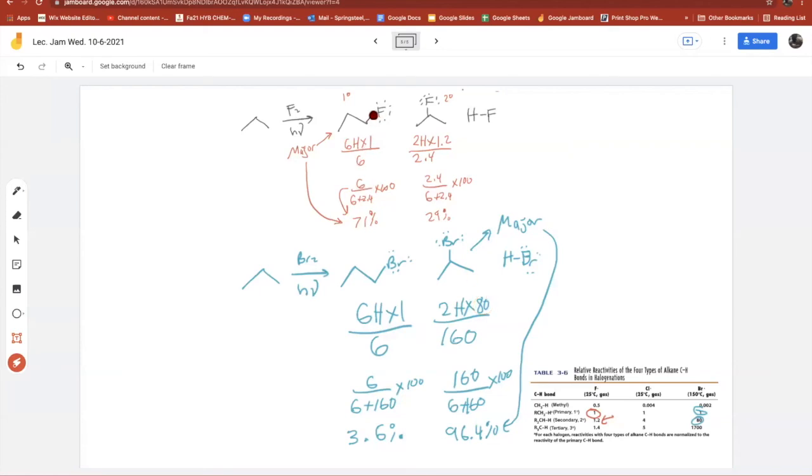Whereas with fluorine, the activation energy to make the primary and secondary radicals is about the same, because it's an exothermic reaction. Transition states look like a fluorine radical. So it's only 1.2 times faster. Okay, we are killing it.